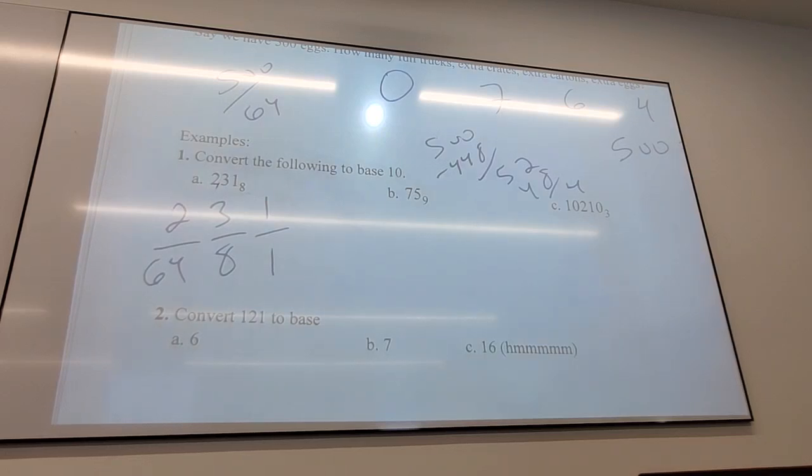So let me see what we got. So 500, if you wanted to, you can do the trick we did, minus 7 times what I divided by. So I have 52 left. Or 7 times 64 is 448. 500 total minus 448 is 52 left over.